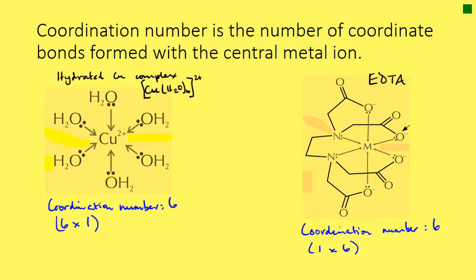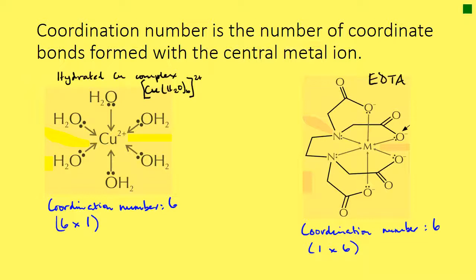Okay, so that was one of the complexes that we looked at, and another one, we remember the EDTA molecule. Well, when it surrounds a metal ion, this is the way that it does it. So apart from the M in the middle, that's one EDTA molecule. So you'll remember that we had 2 nitrogen lone pairs and 4 lone pairs on 4 of the negatively charged oxygen atoms, and that's the way that they surround the metal ion.